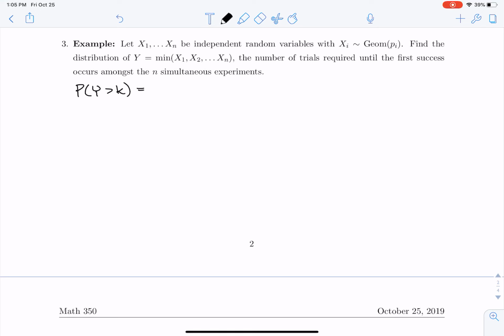Well, if y, the minimum of x1 through xn, has to be greater than some value k, then that's the probability that x1 has to be bigger than k, x2 has to be bigger than k, all the way down to xn has to be bigger than k. Because if one of these random variables was not bigger than k, then we would have ceased running the experiment.